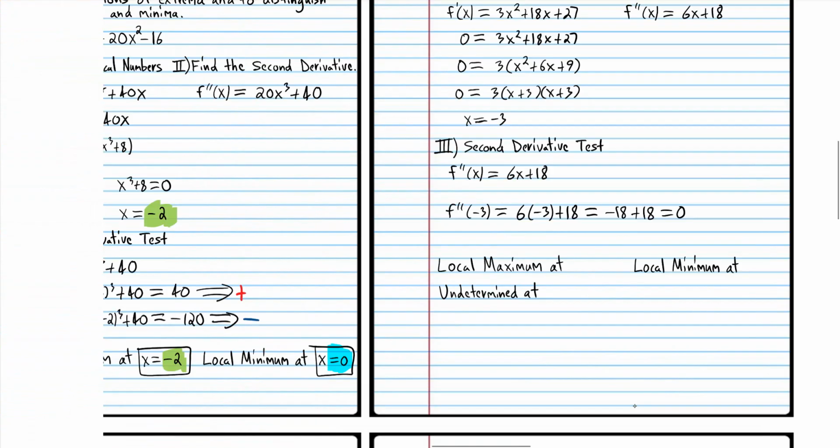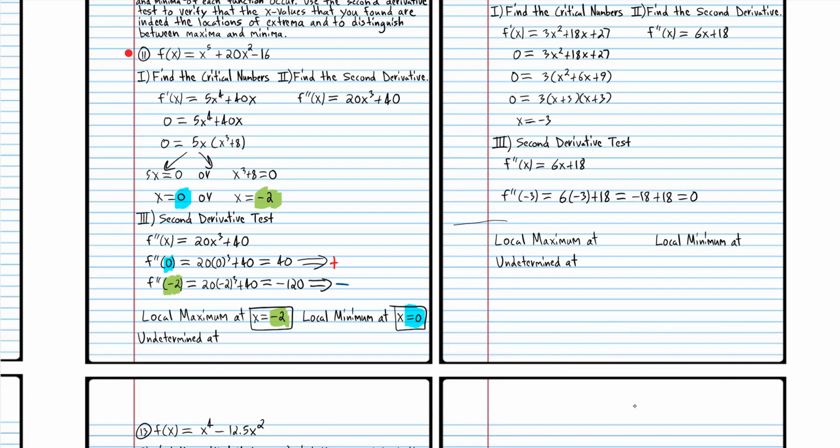So over here, if we evaluated the second derivative at a critical number and we got a positive number, that meant that the critical number led us to a minimum value of the function. If we evaluated the double derivative at a critical number and we got a negative number, then that critical number led us to an x value where the function has a maximum value.